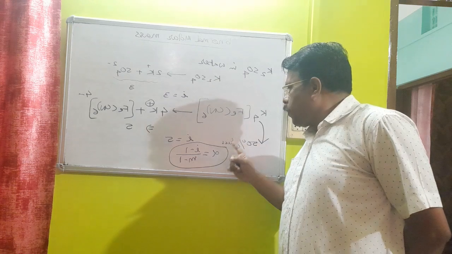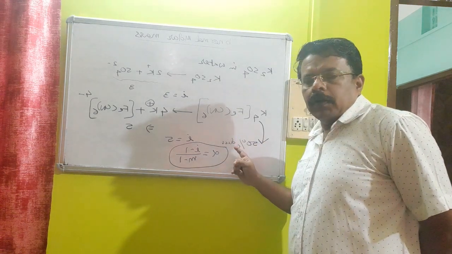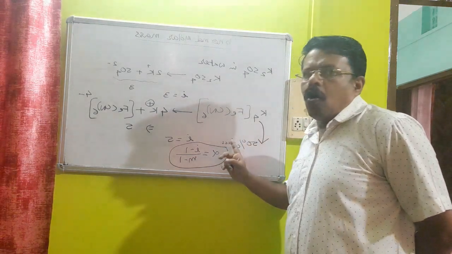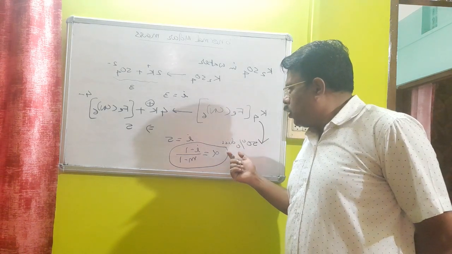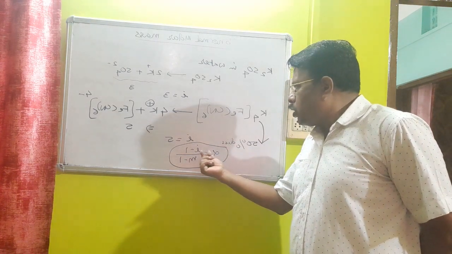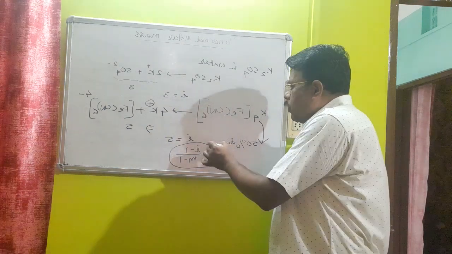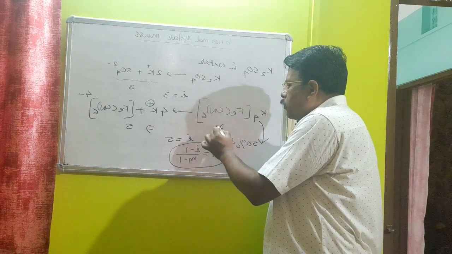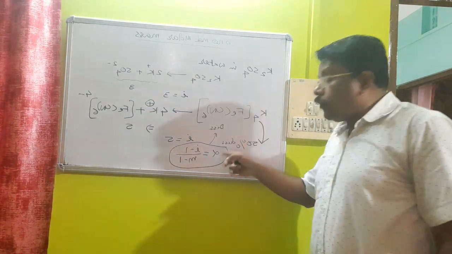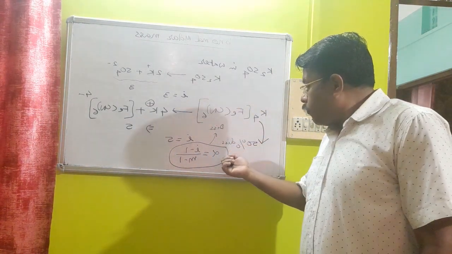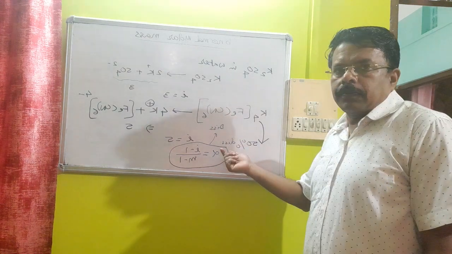Alpha is the degree of dissociation or association, whatever the case may be. This relation is specifically for dissociation. So alpha is the fraction of dissociation.